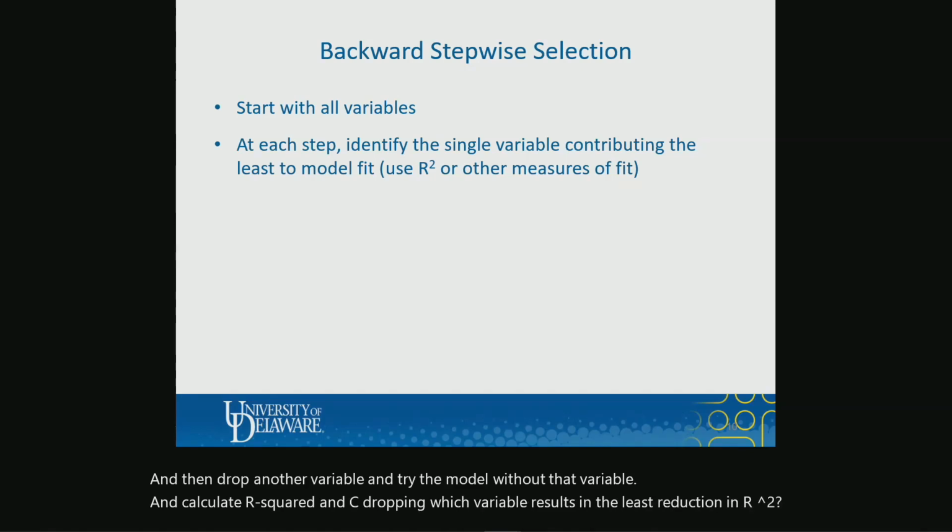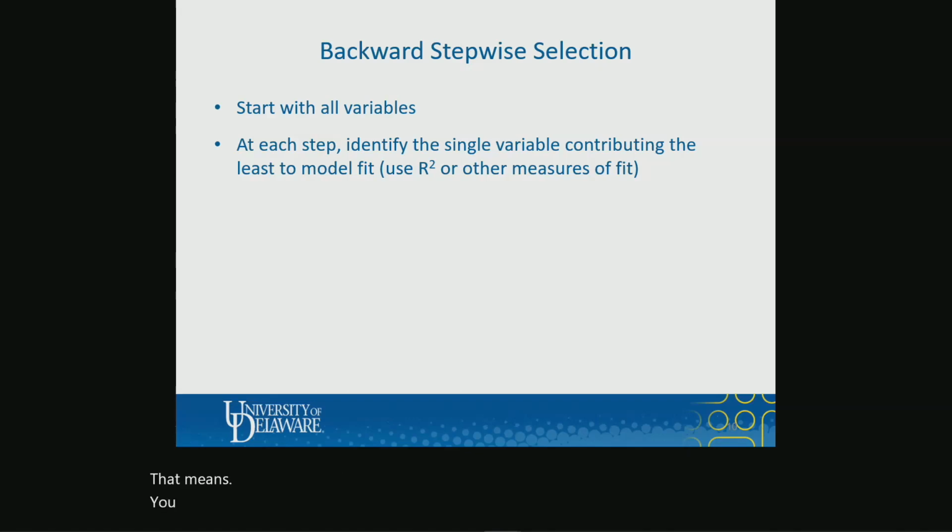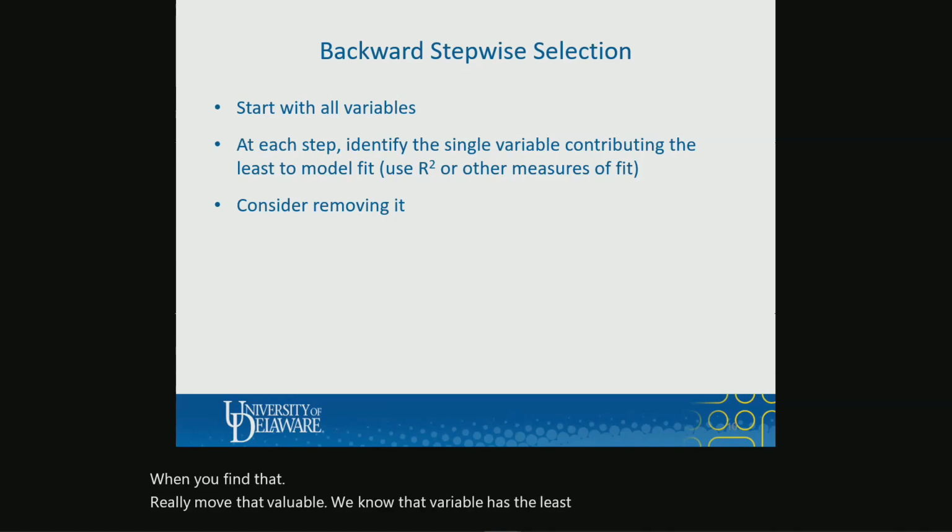That means you find the model with the maximum R squared that has one less variable. Okay. So the same number of variables, maximum R squared. So when you find that, we remove that variable. We know that that variable has the least effect on R squared.